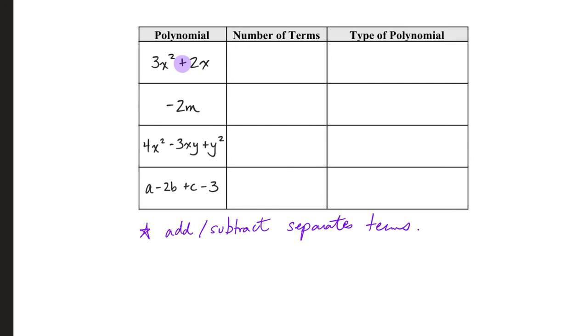When I look in that top row and see that addition sign, what I have is one term, 3x squared, added to another term, 2x. And so I think that helps us recognize that we have two terms in that top expression.